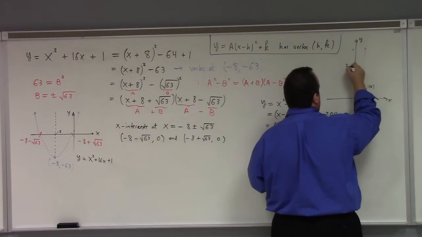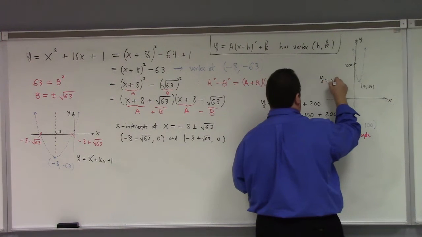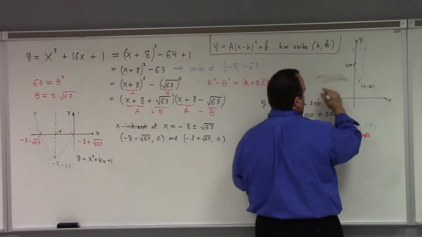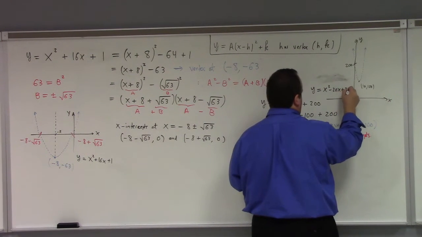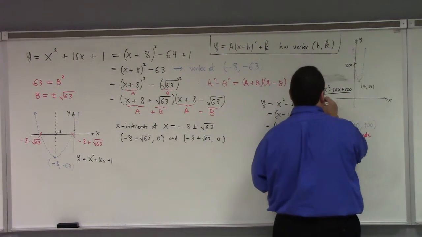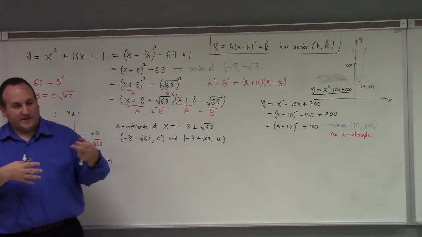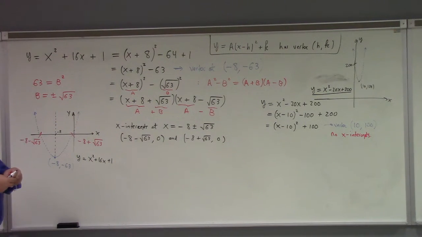So that's at 200. How do I know that the y-intercept is at 200 here? It's nothing terribly profound. It's just that 200 is the constant term. If I put x equal to 0, I get 200 from that formula.